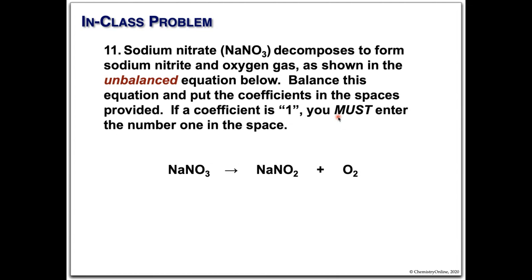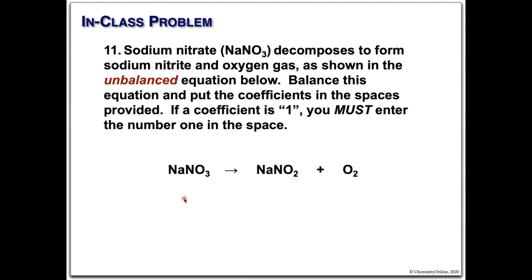All right, let's start by looking here. Sodium nitrate can decompose to give sodium nitrite and oxygen. In our products, we see 1, 2, 3, 4 oxygens, an even number. On this side, we have O3, an odd number.